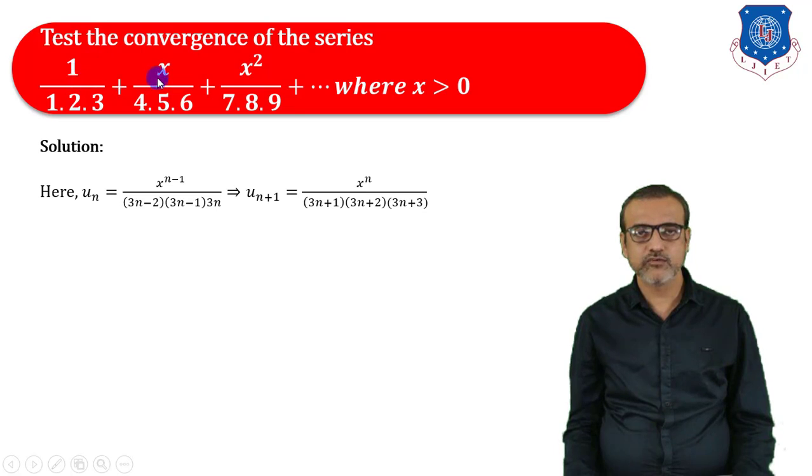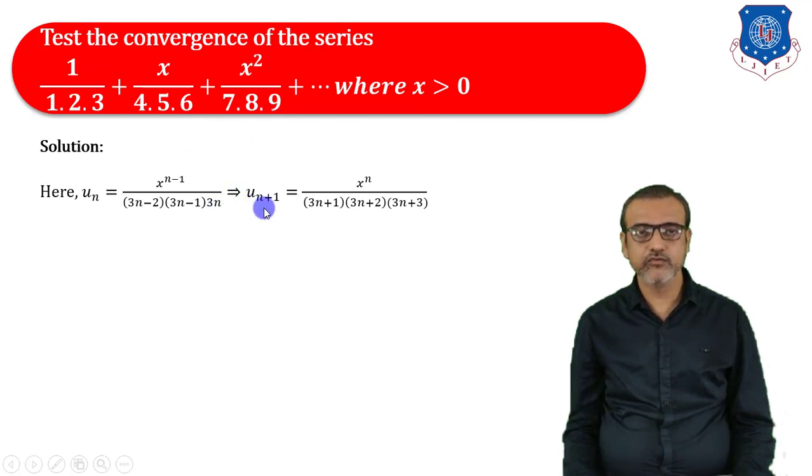So we have x raised to 0, x raised to 1, x squared and so on. So its nth term will be x raised to n minus 1. For the sequence 1, 4, 7, its nth term will be 3n minus 2. For the sequence 2, 5, 8 and so on, its nth term will be 3n minus 1. And for the sequence 3, 6, 9 and so on, its nth term will be 3n.